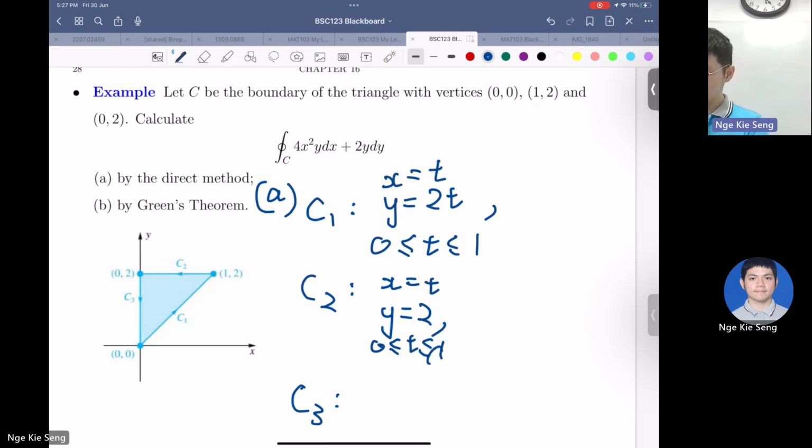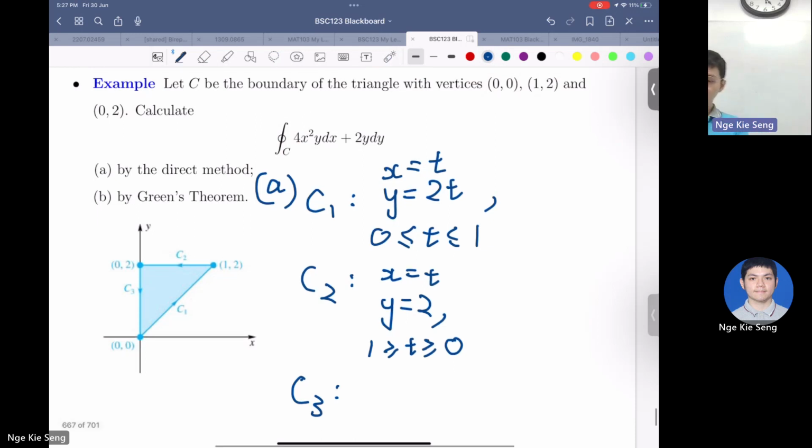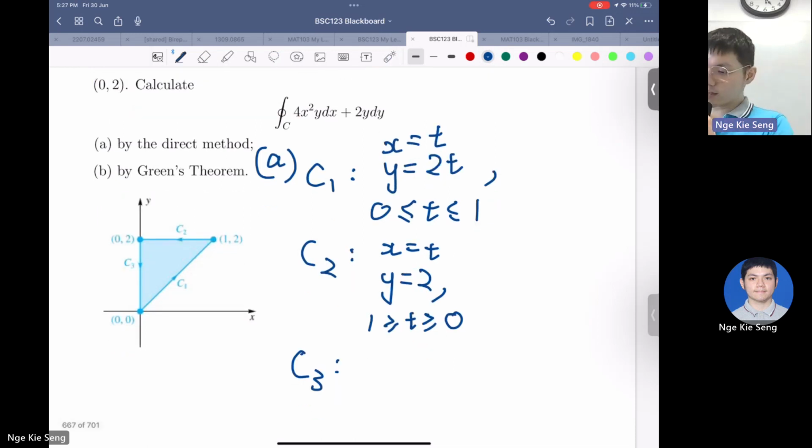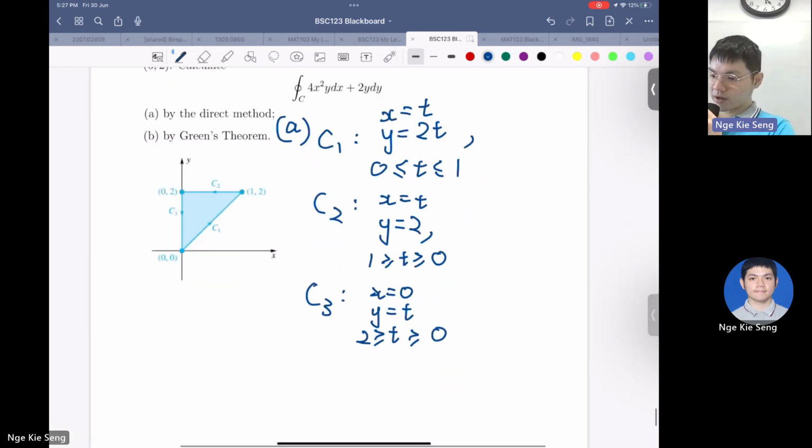So we change the orientation, 1 to 0. Otherwise, we need to introduce the sign. So we should better change it first. C3, vertical curve. x equals 0, y equals t. t is going from where to where? 2 to 0. Good. All right, so we got all these.